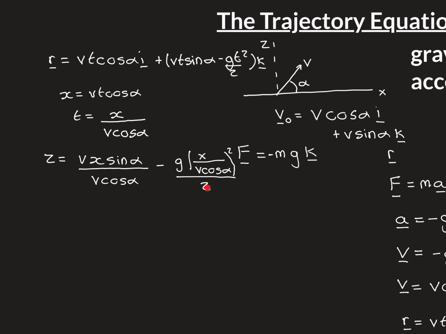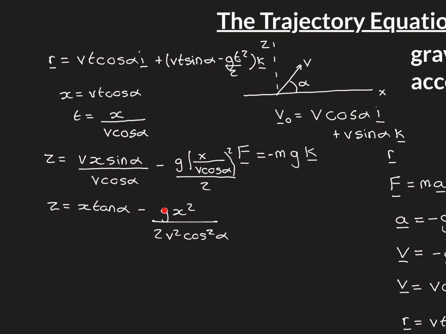So minus g over 2, and now it's times t squared, which is this thing. So times all of that squared, and let's simplify this now. So simplifying this bit, the v's cancel, then we've got x times sine alpha over cos alpha. Well, there is a name for what sine alpha divided by cos alpha is. That's tan alpha. So this bit becomes x times tan alpha.